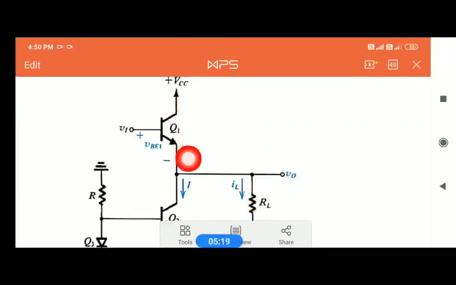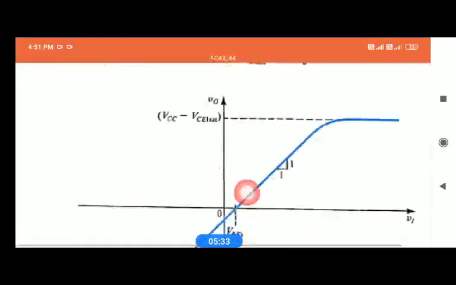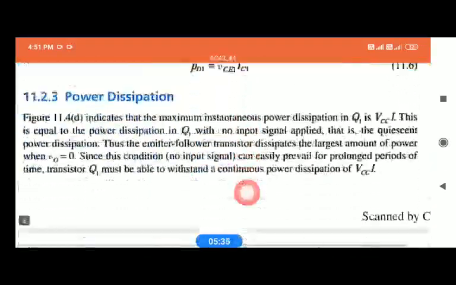Since more current flows here, the VCE across Q1 decreases. Since the VCE across Q1 decreases, the output voltage slowly increases. That is what we can see in the waveform here.